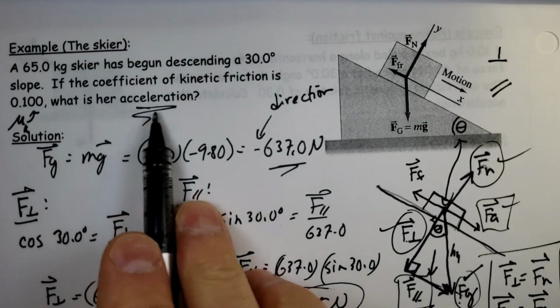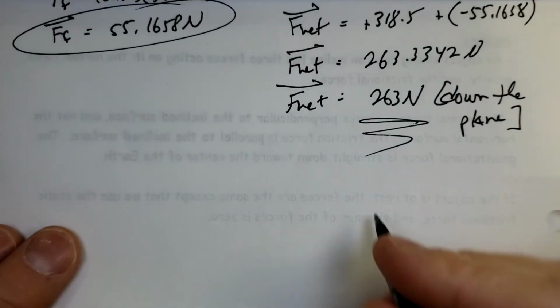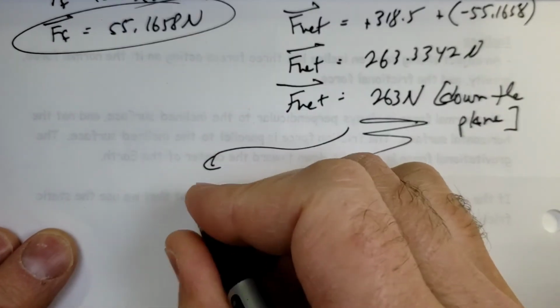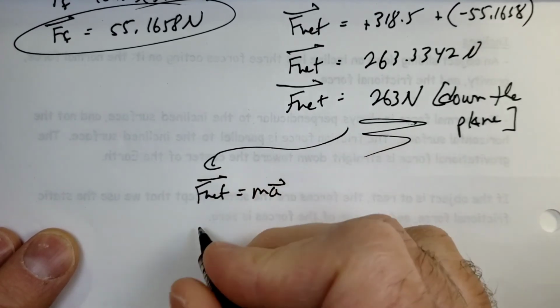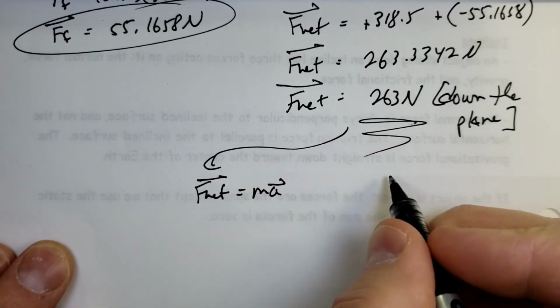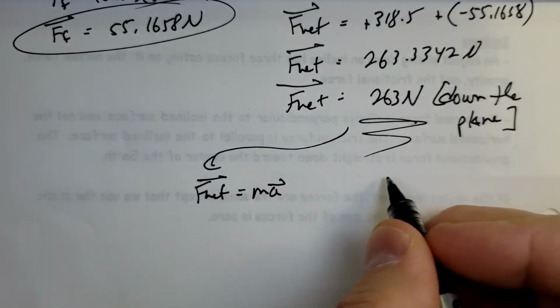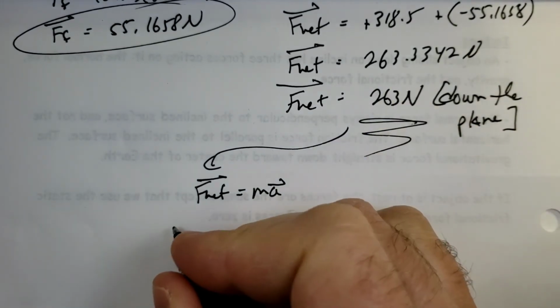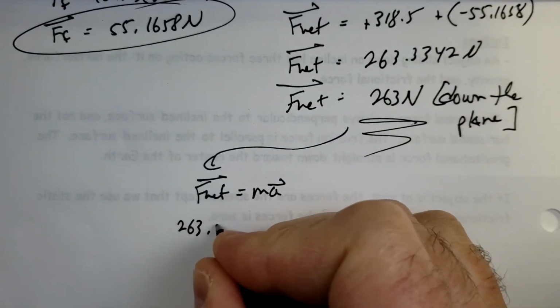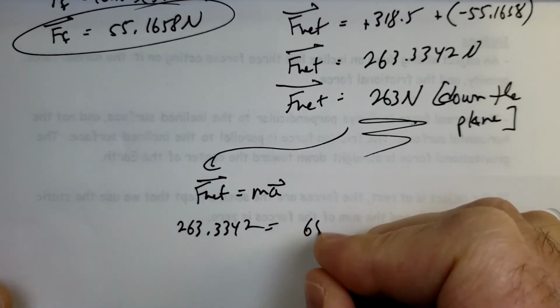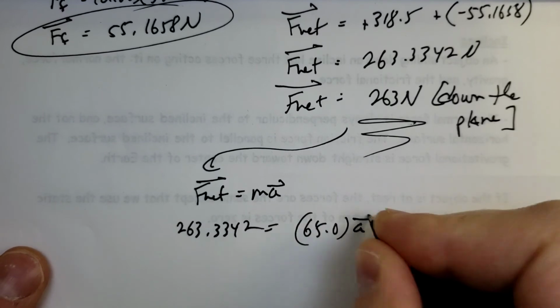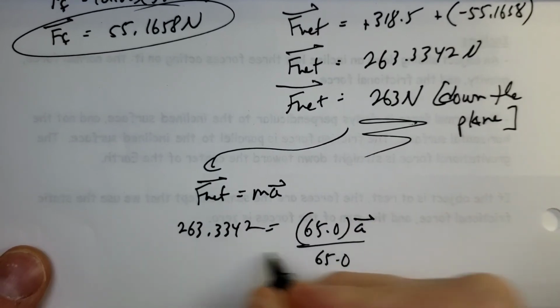And of course we're asked to find the acceleration originally. So of course once we know the net force involved, we can figure out. Now here I'm going to use the previously rounded answer. 263.3342 is equal to the 65 kg mass, divided by 65.